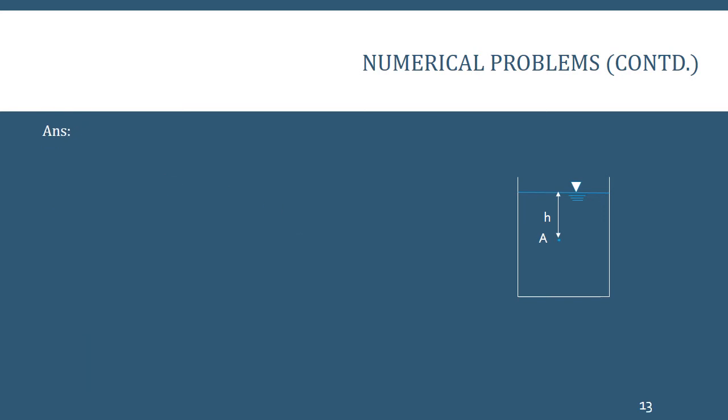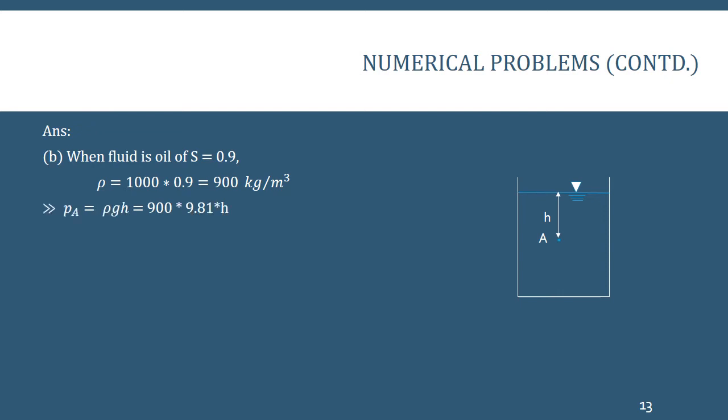Let's check the second subdivision. The second subdivision is asking you, what if the fluid is an oil of S equal to 0.9? Now when S is equal to 0.9, it is known that density is equal to 900 kilogram per meter cube. And so PA, which is given by rho g h, is equal to 900 into 9.81 into h, because the fluid is oil.